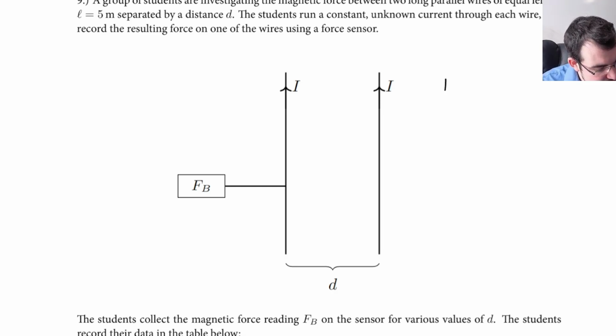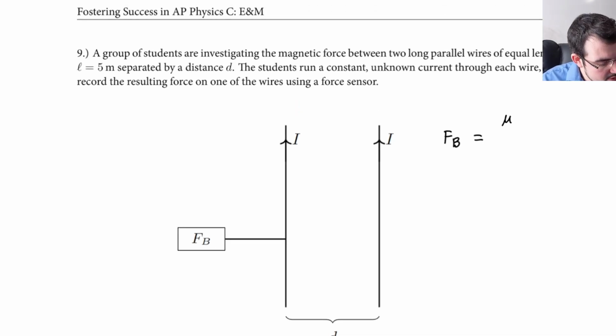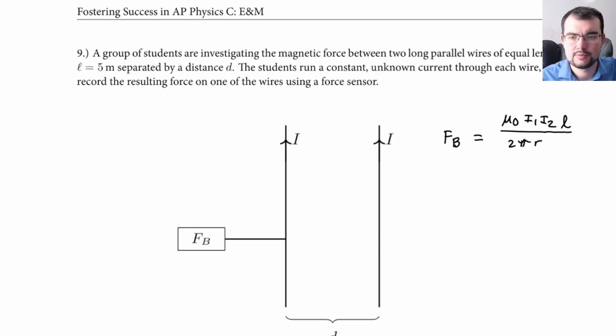Well, we know that FB between two wires is mu naught times I1 times I2 divided by 2 pi r, and we have to include our length. So what is known in this experiment? We don't know our current, but it is the same.